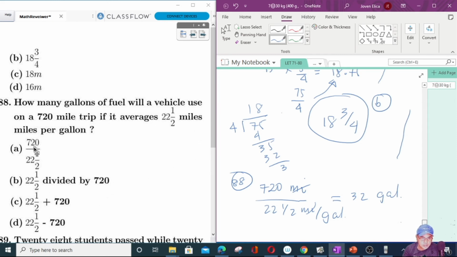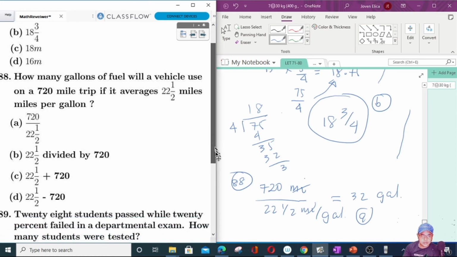So the choices are 22.5, 22. This is not possible. The only possible based on the given condition is how many gallons. So we just have to divide 720 miles by 22.5. And this is 32 gallons, that is letter A.